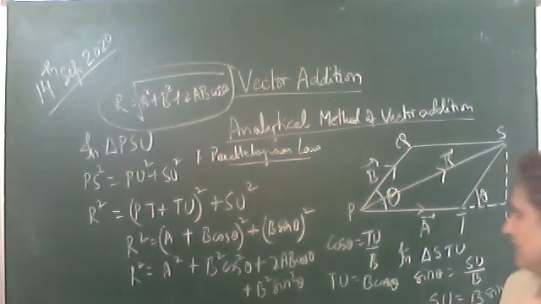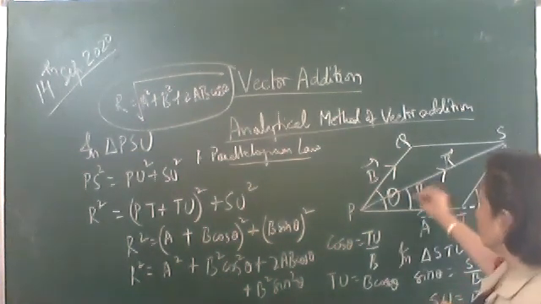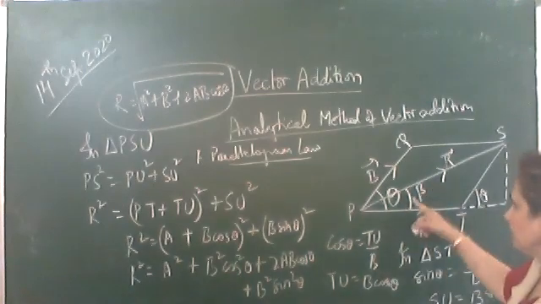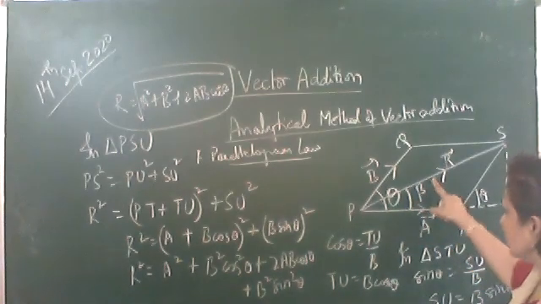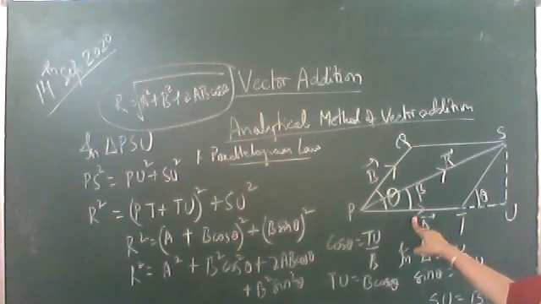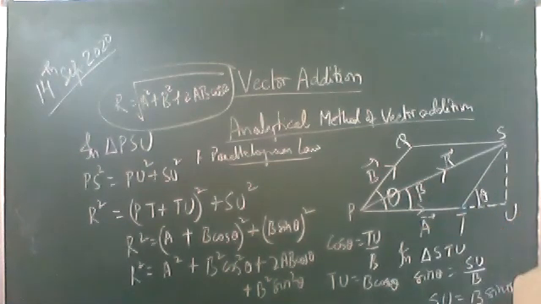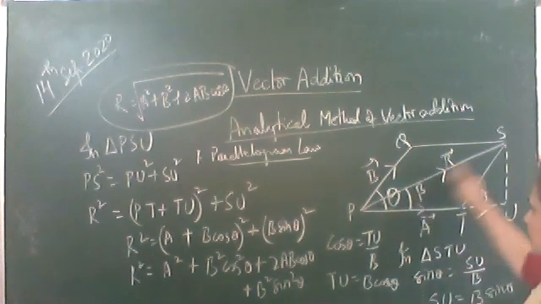Okay, let's find out the direction also. Otherwise, next on I have to again draw the figure and again start from the beginning. That is the resultant making with the first vector. If we are able to find out this beta angle, it means we can get the direction of the resultant vector.